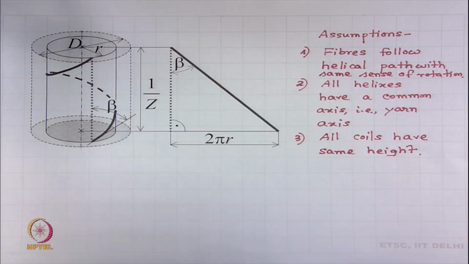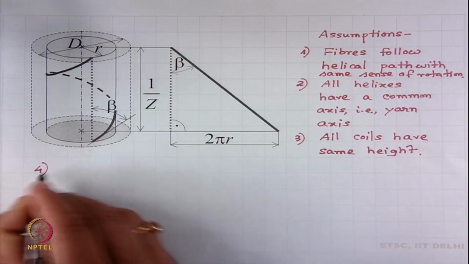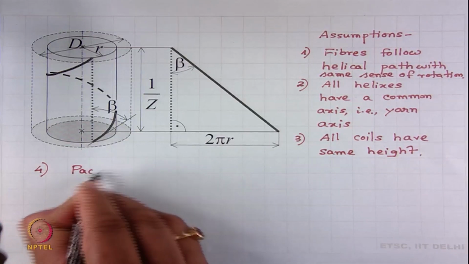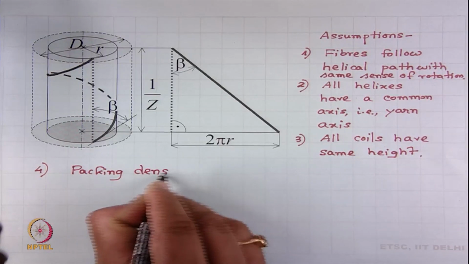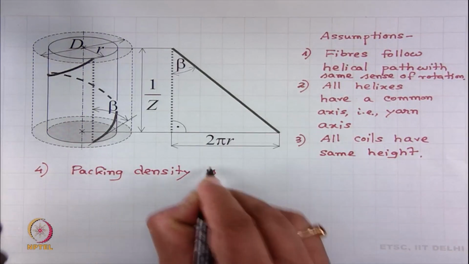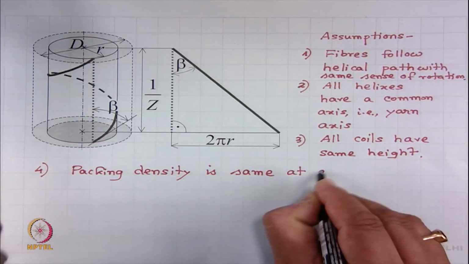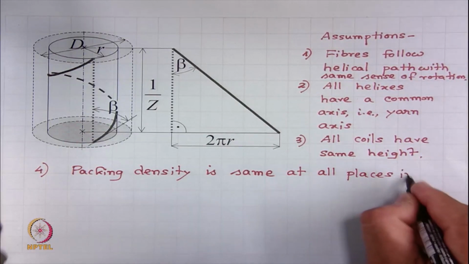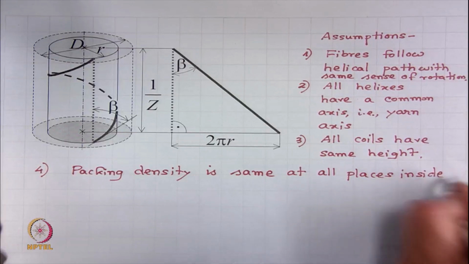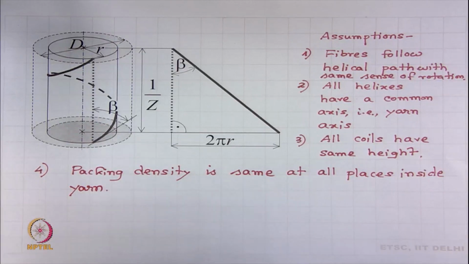Fourth, the very special assumption: packing density is the same at all places inside the yarn.